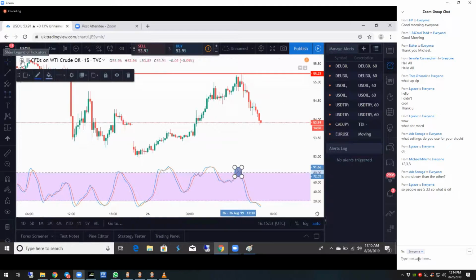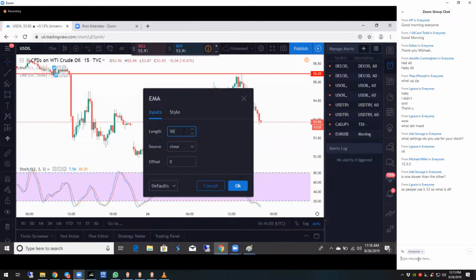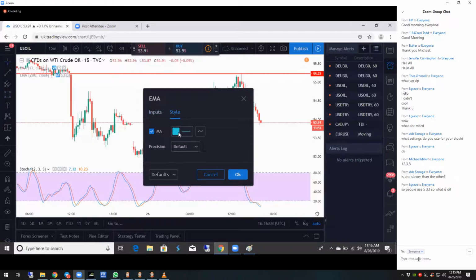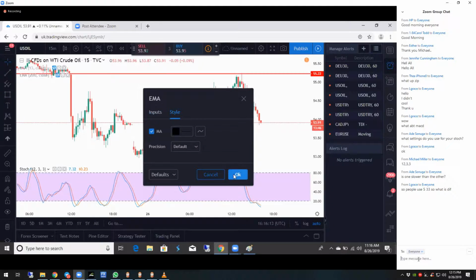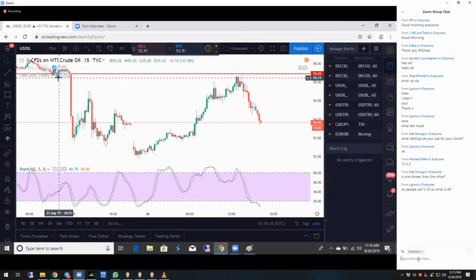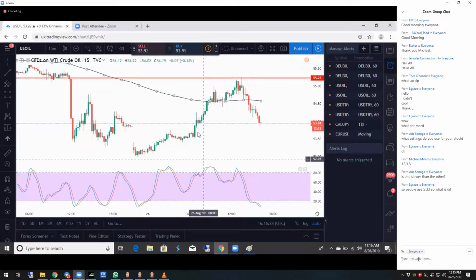Matter of fact, I think this right here actually bounced off at 200, and then broke that 200. Yep, you got that cross on stochastic.